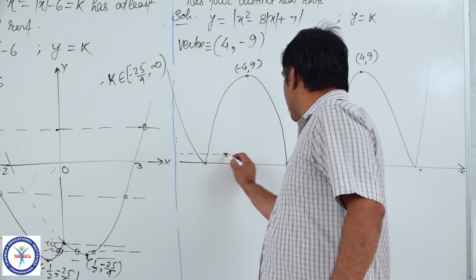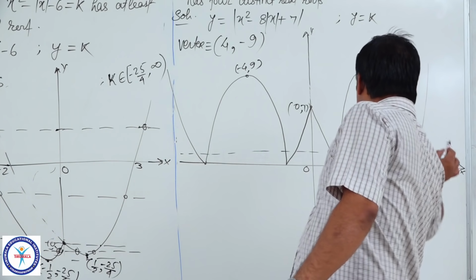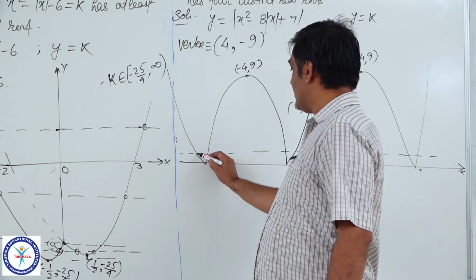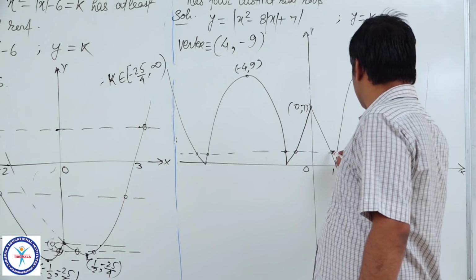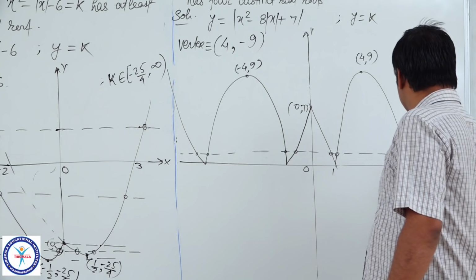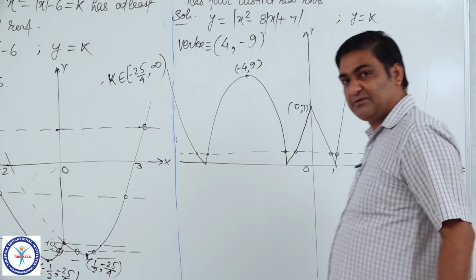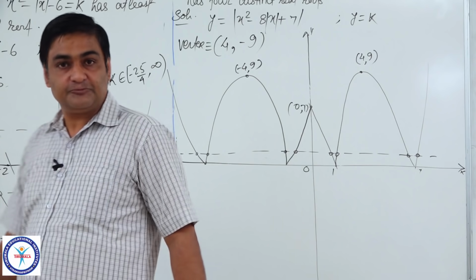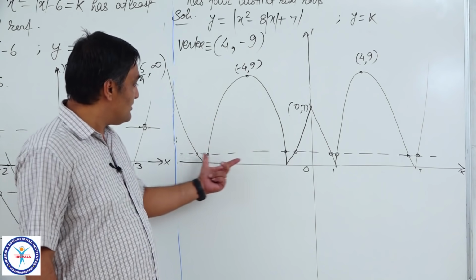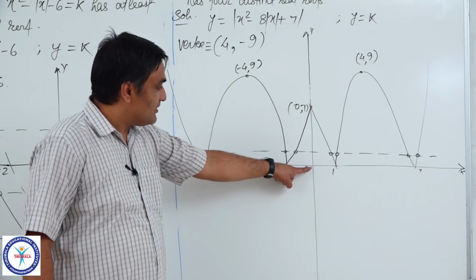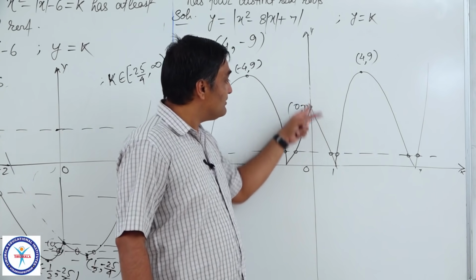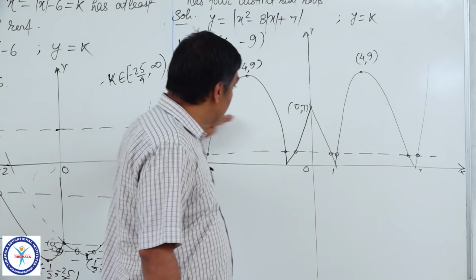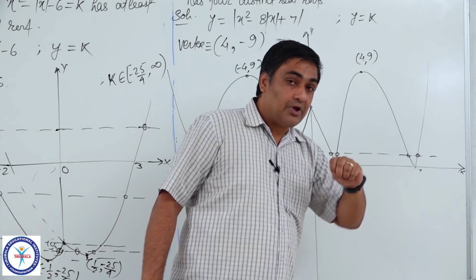If y equal to k is like this, how many real roots? 1, 2, 3, 4, 5, 6, 7, 8. 8 real roots will be there when k is greater than 0 and less than 7. So there will be 8 roots.